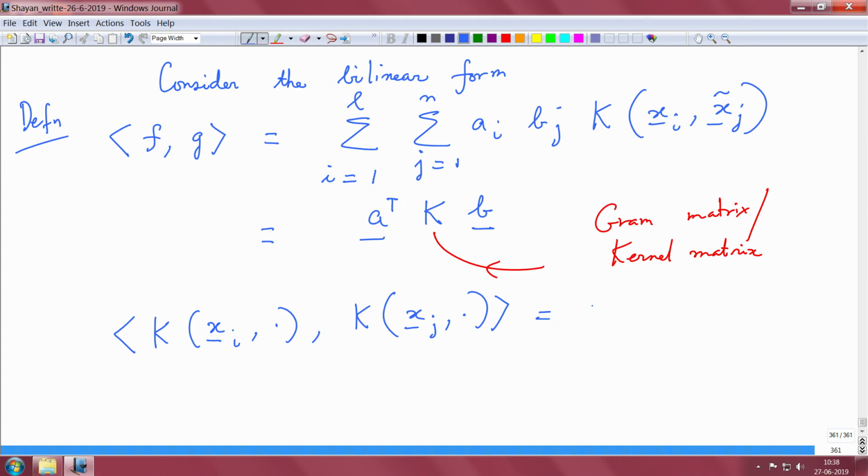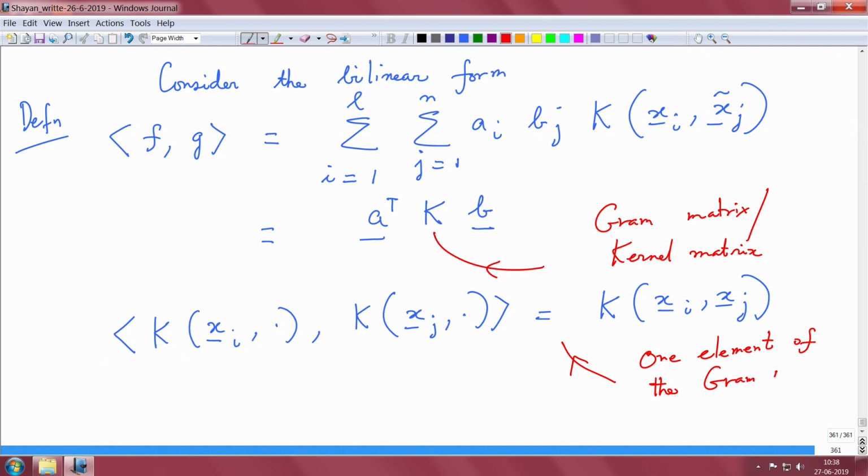So this is k(x_i, x_j tilde). This is basically one element of the Gram matrix, right. This is one element of the Gram matrix.